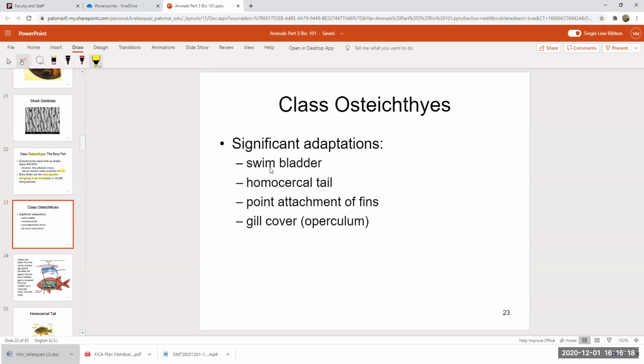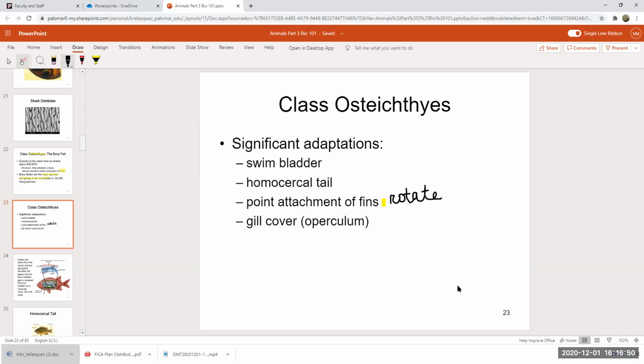What were the advancements? A swim bladder to help them be buoyant in the water column. A symmetrical tail along with point attachment of fins, and these fins can rotate. So these guys are very agile. If you've ever had the pleasure of going to an aquarium or snorkeling, and you can watch these fish in a coral reef and how they can turn sideways and get into tiny little cracks, and the fins are all really specialized for their lifestyle.